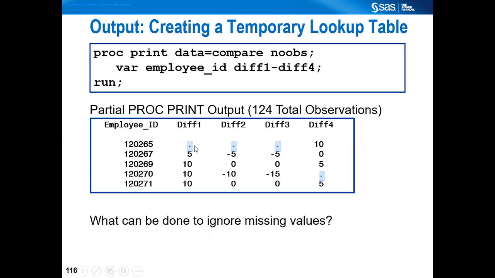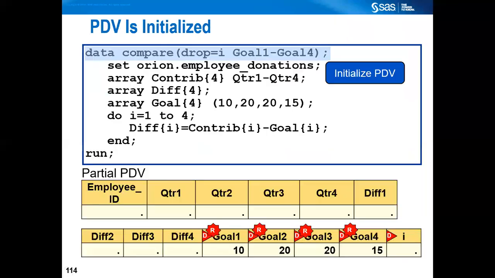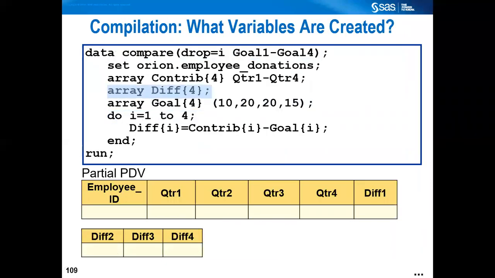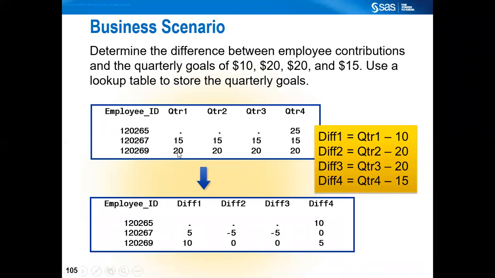Now look at here. We are getting missing values. So what can be done to ignore missing values? If you have seen this output earlier, we are getting missing. Now quarter one minus 10. Ideally we should get the value, right?